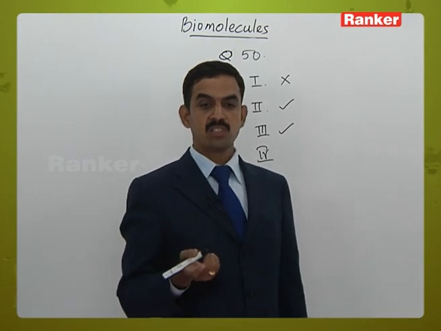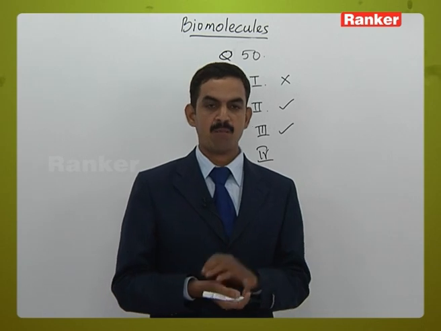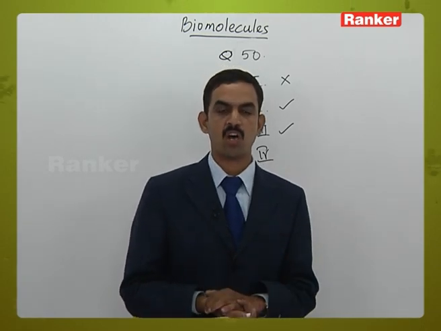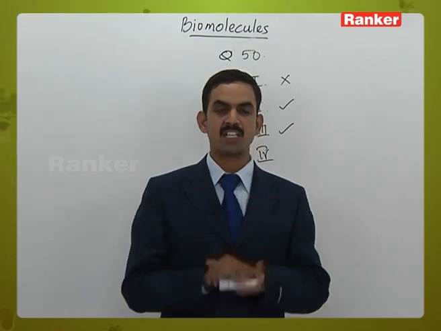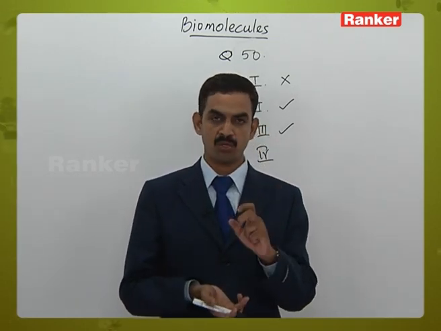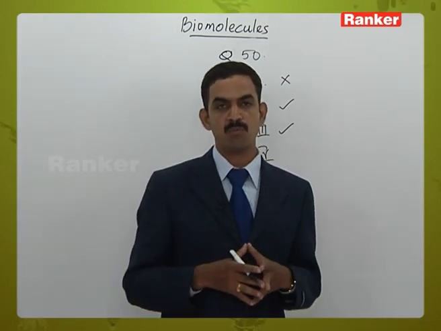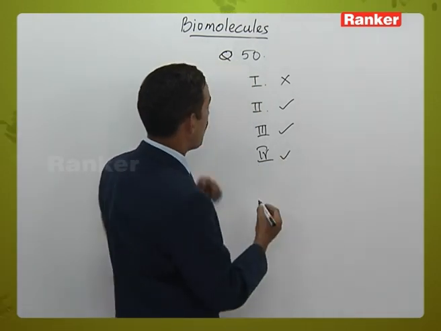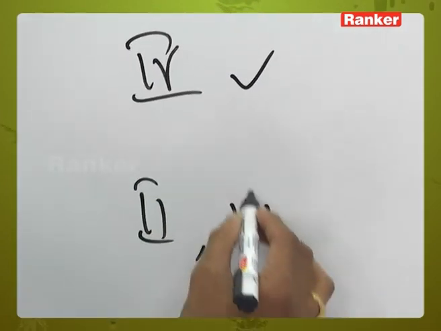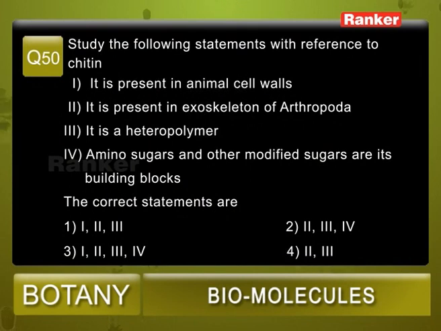Then, as we know, it is made of modified sugars like amino sugars, that is, amino sugars and other modified sugars are its building blocks. Those monomers are nothing but the amino sugars and other modified sugars which form the building block like structures and give rise to a heteropolymer called chitin. So this is also correct. So from the given options we can say that 2, 3 and 4 are correct related to the chitin molecule. Question number 50, the correct answer is 2.